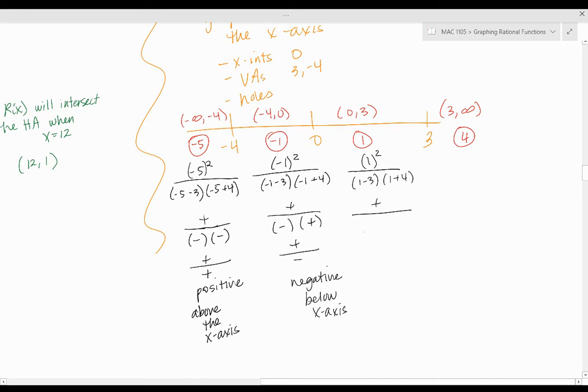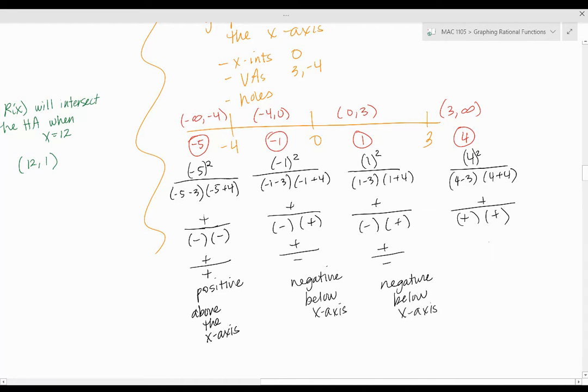That's positive, it's negative, it's positive. Positive over a negative is negative. So we're below. All right, then we have 4 squared over 4 minus 3, 4 plus 4. That gives me a positive, positive times a positive, it's positive, which means I'm above the x-axis.